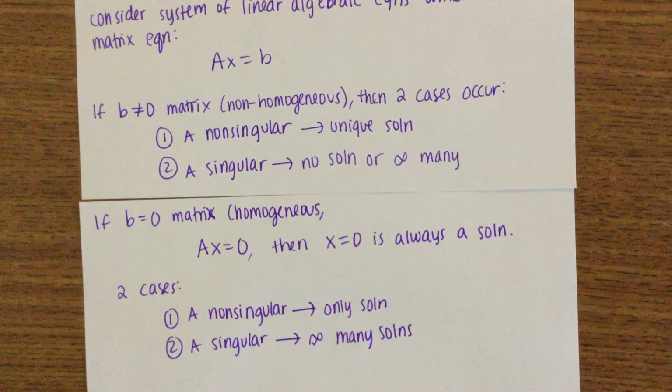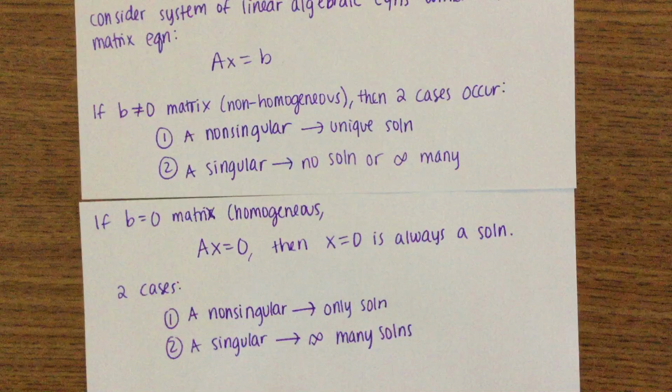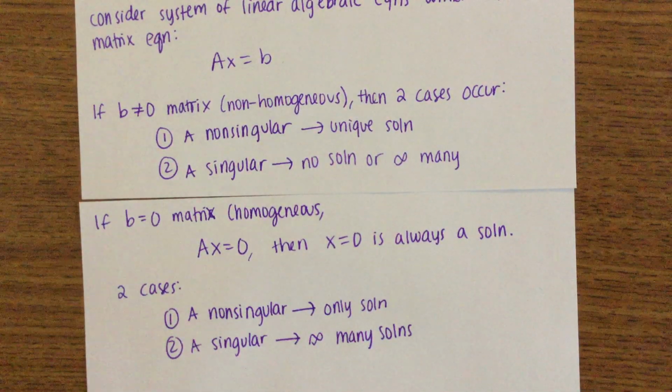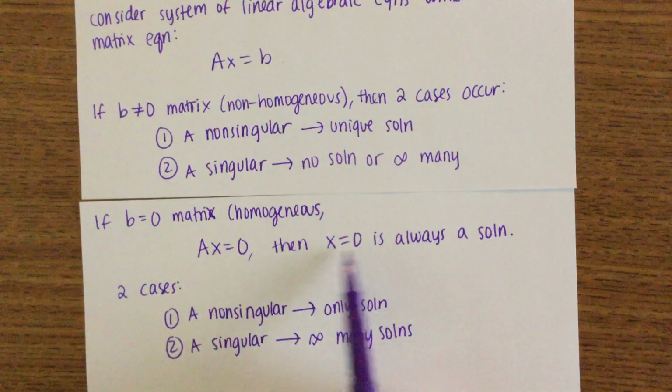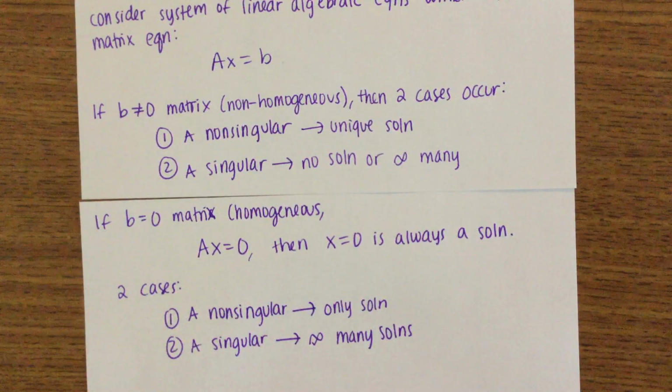So this is way more interesting. If we have a homogeneous boundary value problem, we're never going to have a non-trivial unique solution. Either we're just going to have the zero, or we're going to have infinitely many solutions.